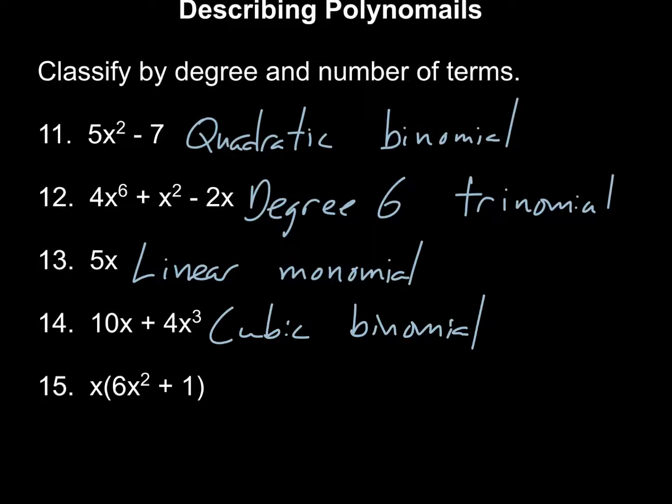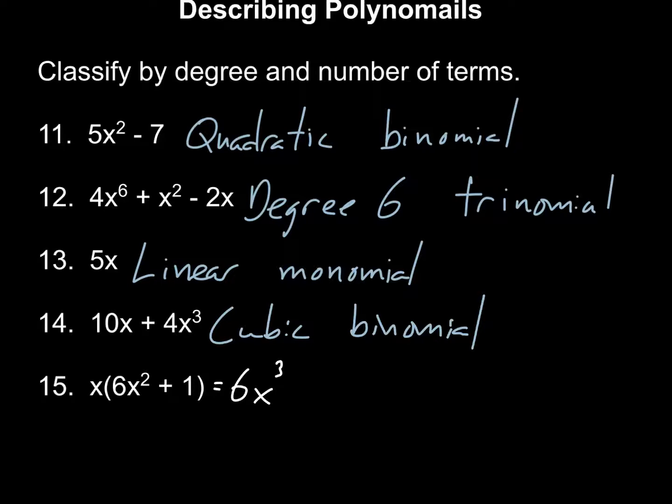And finally, number 15. Number 15 does not look like the other ones. Well, anytime in math you see something and you're like, wait, this does not look like what I'm expecting to see, start by making it look like what you want to see. So the first thing I'll do here is I'll go ahead and distribute in that x to make it look like the others. So I'm going to do x times 6x squared. That is going to give me 6x cubed.